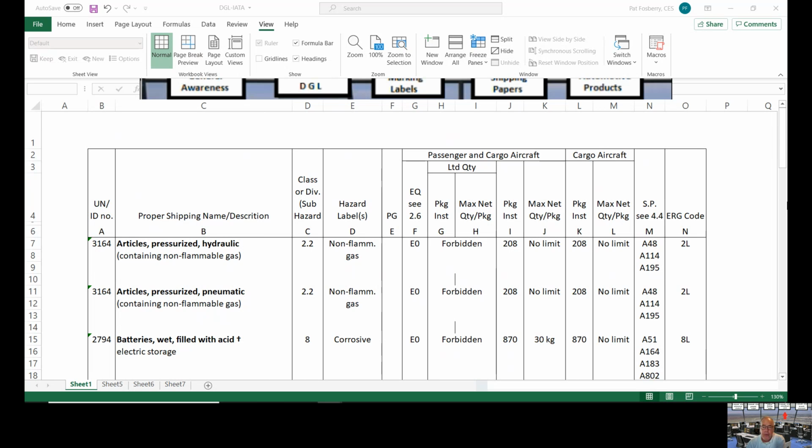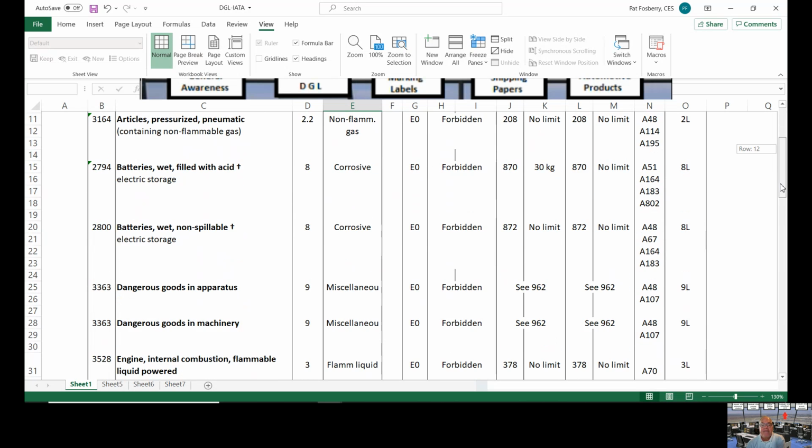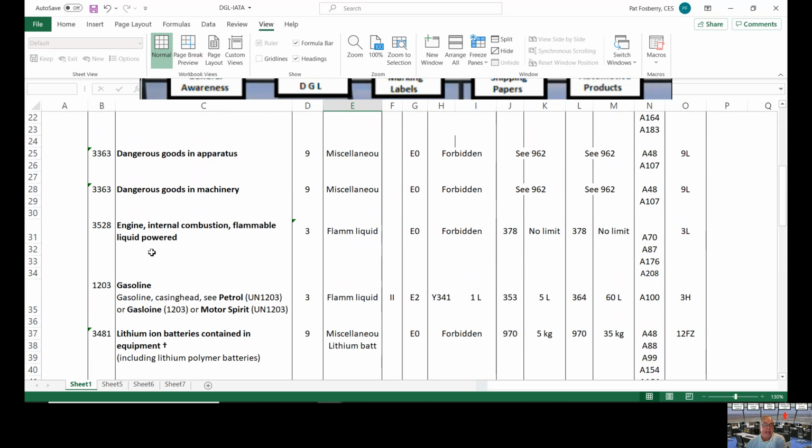Flammable liquids, those will be a little bit more rare when you look down at your commodities as far as what you have that is a flammable liquid. You do have your engines, internal combustion, which if it falls under 3528, is considered a flammable liquid. And that gets into some details when you're looking at whether it's new, or if it's had fuel run through it for testing, things like that.